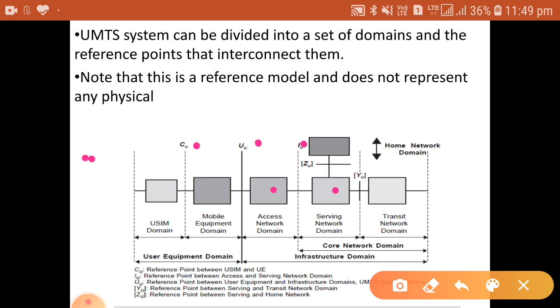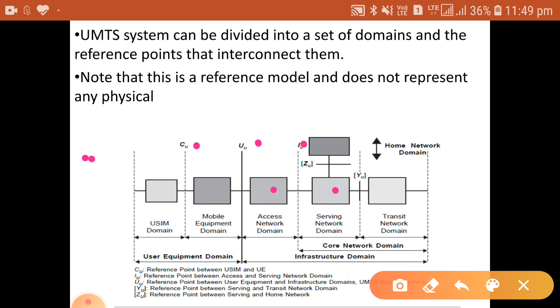The SIM and the mobile equipment are classified as the user equipment domain, the serving network domain is nothing but the base station, and the transit network domain is classified as the core network domain. The entire core network domain is otherwise known as the infrastructure domain. Therefore this UU is an interface, acting as a reference point between the user equipment domain and the infrastructure domain.